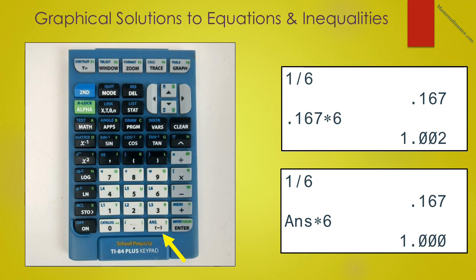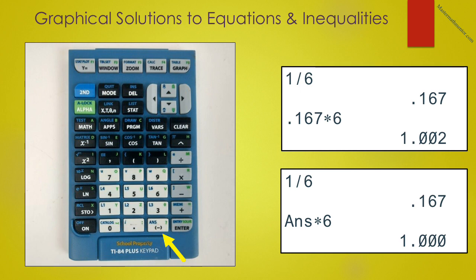If we take 1 divided by 6 again, we get 0.167. If we then press the answer button, which is second and then the negative sign at the bottom of the calculator, and multiply that by 6, we get exactly 1.000.